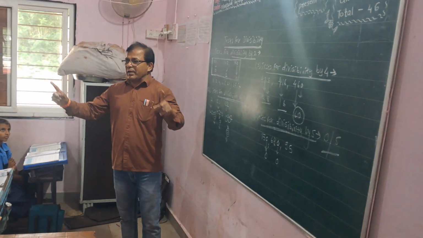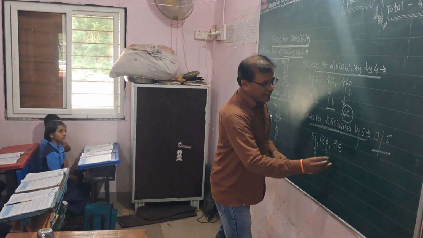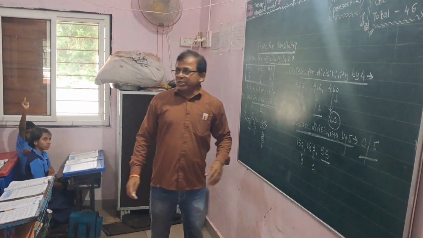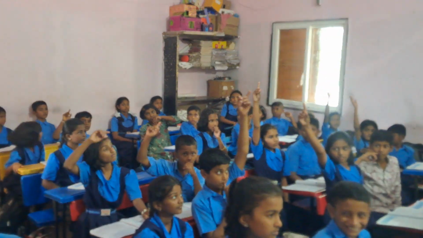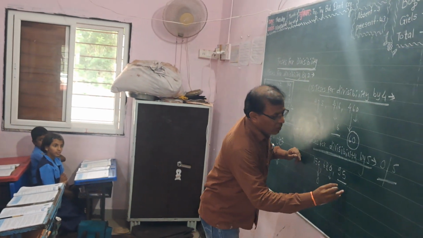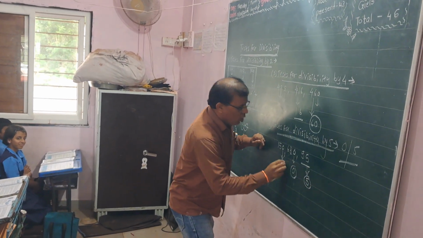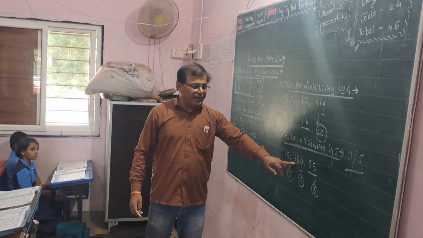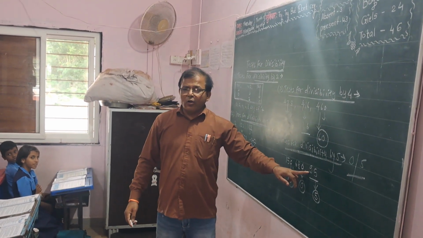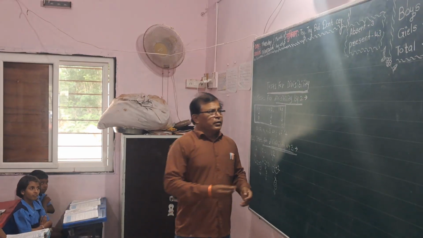Thus, this number is completely divisible by 5. After that, in the next number 95, the unit place digit is 5. Thus, all of these numbers 150, 680, 95 are completely divisible by 5.